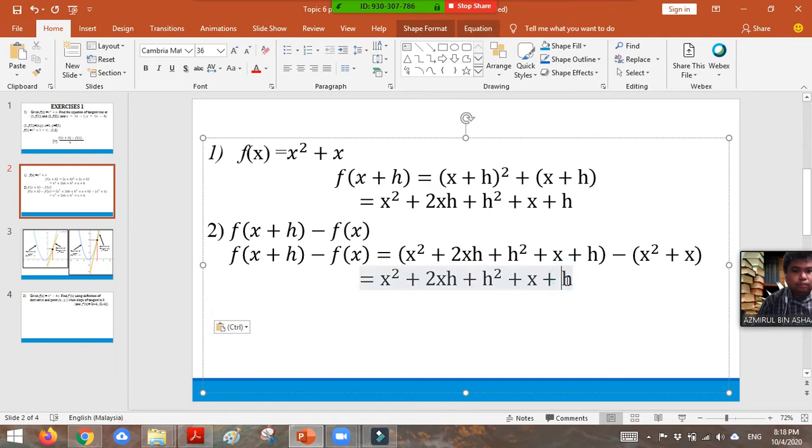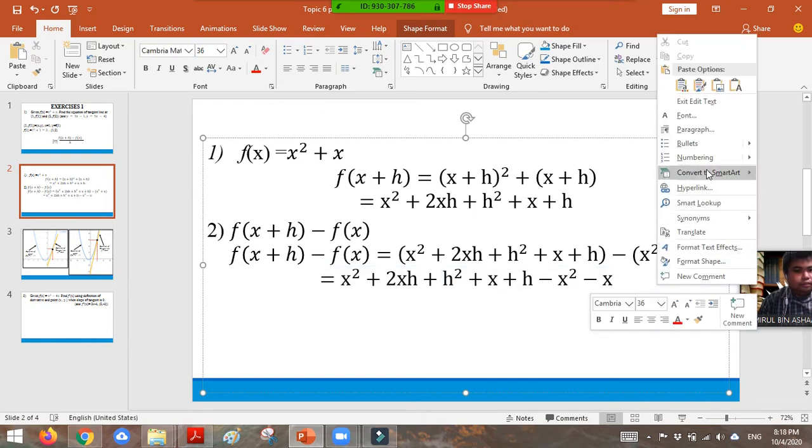Okay, open the bracket for this one, and this one, make sure you do it carefully. Negative, positive become negative x power of 2, negative and positive become negative x.